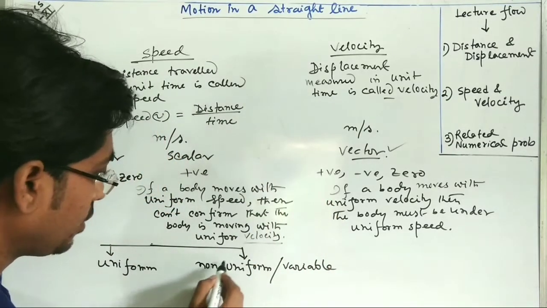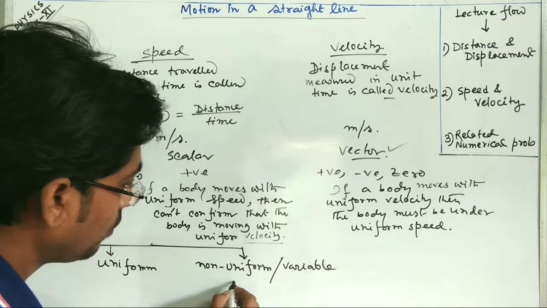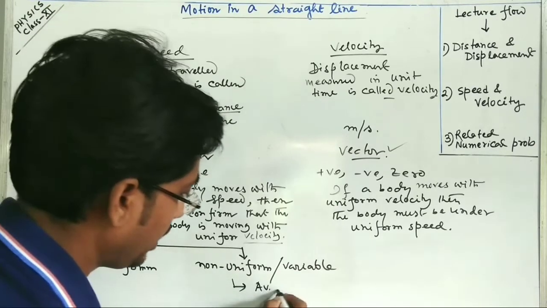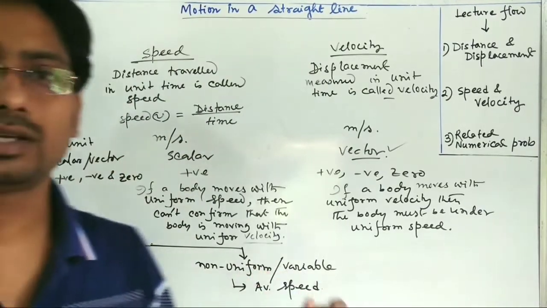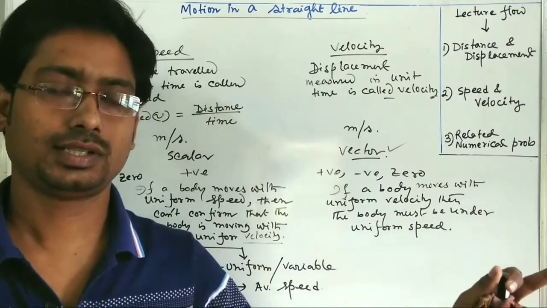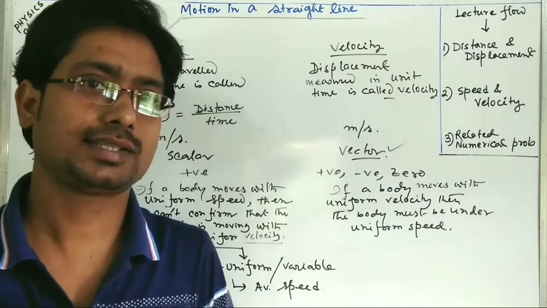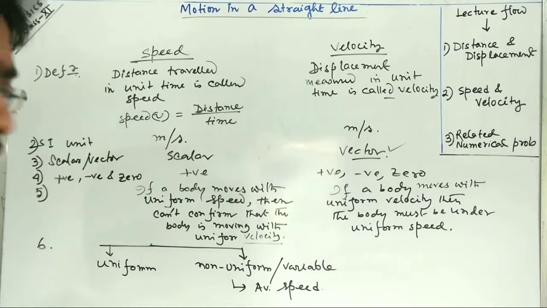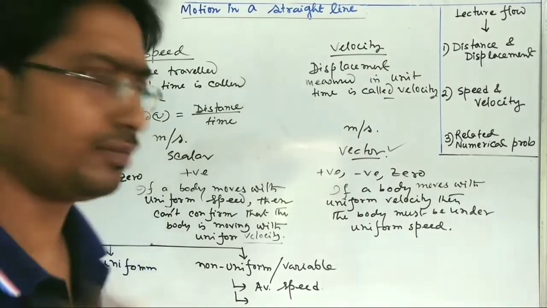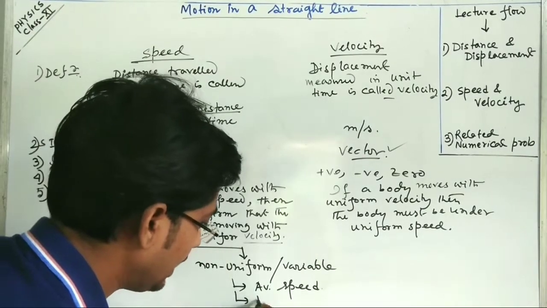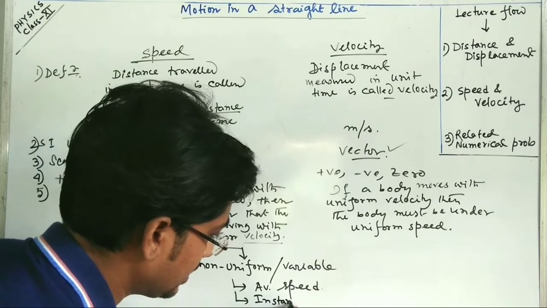From this non-uniform, variable segment, one physical quantity will come, that is average speed. If you take a longer time interval, then the body's characteristics can be defined by the average speed. If we take a very, very small interval of time, then instantaneous speed comes.